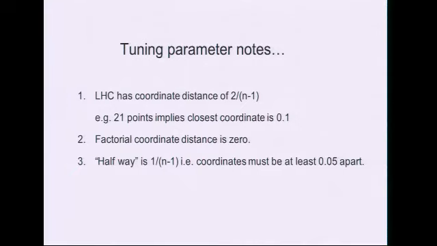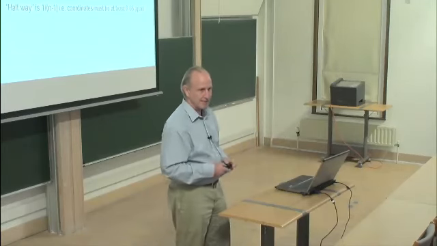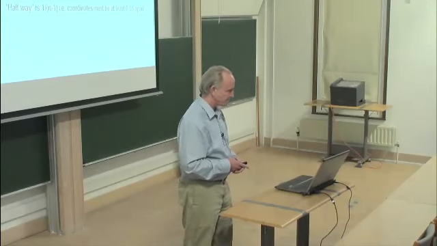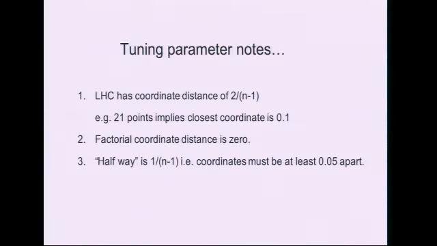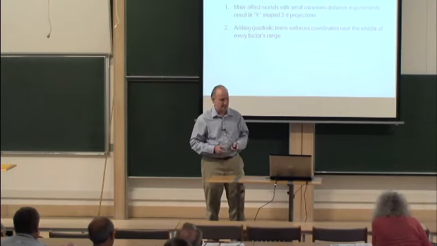So if you had like 21 points, then they would be spaced at a distance of 0.1 apart. If you were going between 0 and 1, you can just get rid of that 2 in the numerator. The factorial coordinate distance, of course, is 0. We get lots of replication with factorials. And so halfway is another thing you might think about as a way of seeing just what this criterion does.